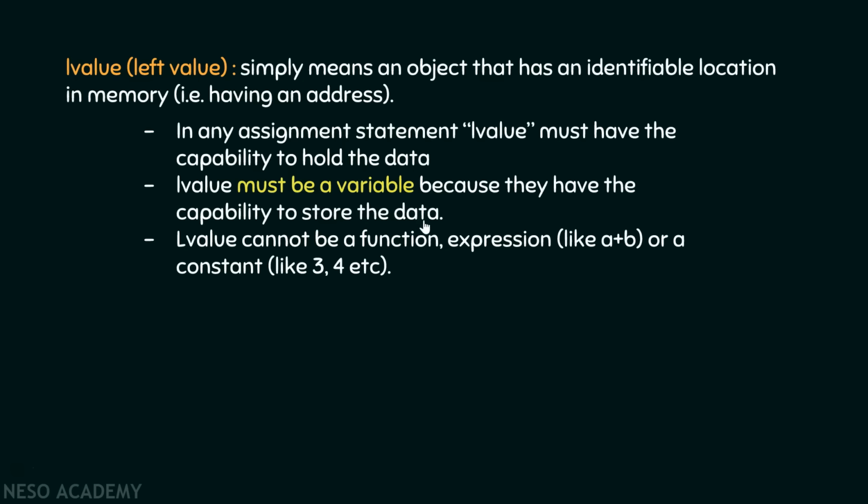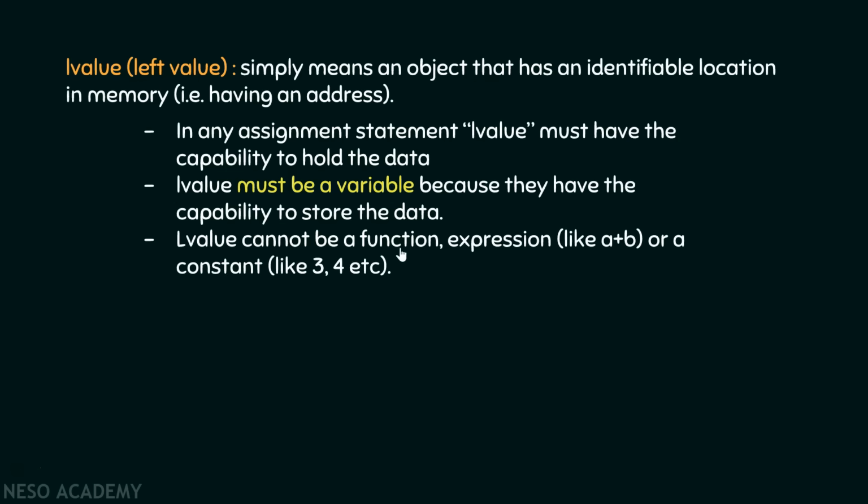When we are writing a statement like int a is equals to 5, what do we mean by that? We are providing L value, or you can say left value, as a variable to this statement. Here L value is a variable which is a, and that is the reason why it is called a left value or L value, because it has the capability to hold the data. That is why it is written before the assignment operator.